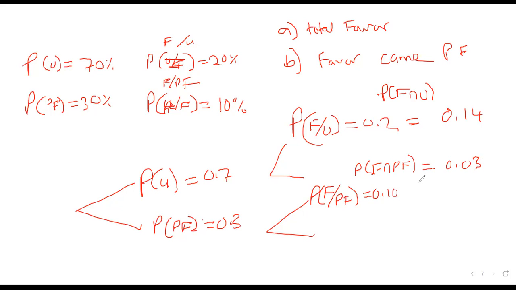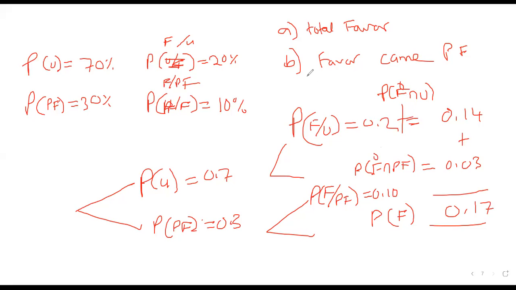So when we add these two, we're going to get 0.17. What is the total going to be? It's the probability of F, because the common letter here is F and here there's F. So whenever we add these two using theorem 2, you get the common letter, which is in favor.